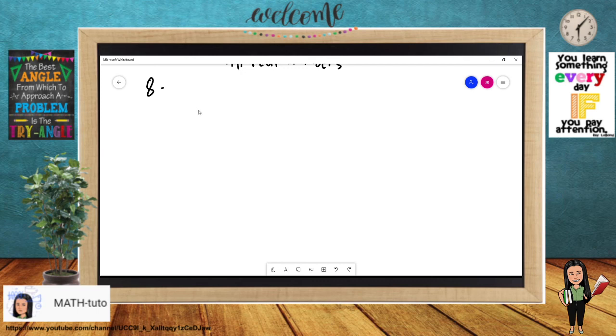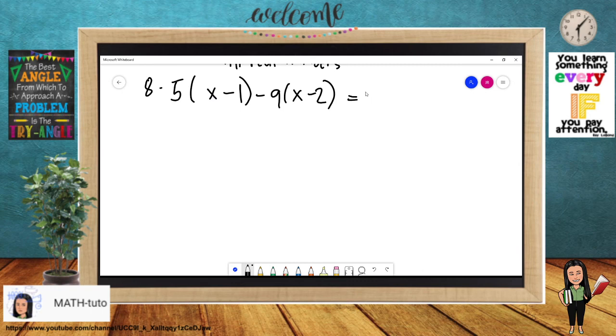Let's have another example. 5x minus 1 minus 9x minus 2 is equal to 3 times negative 2x minus 1 minus 2.